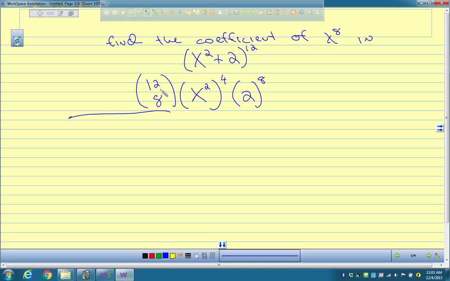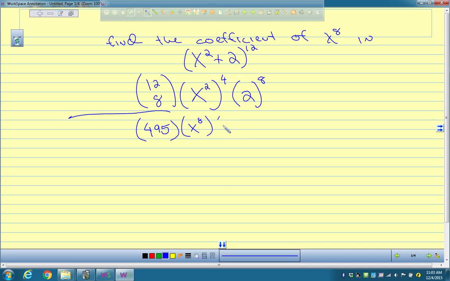So 12 combination 8, if I did it on my calculator, what do you get? 495. Oh, we already did that one, right? So that's 495, okay? This is times x to the 8th power. 2 to the 8th, I think, is it 64? No, it's way bigger than that.